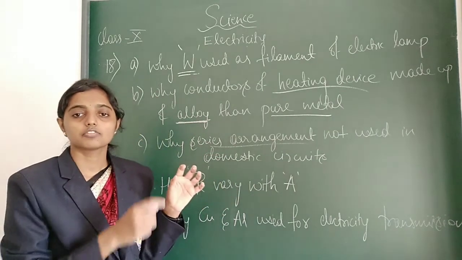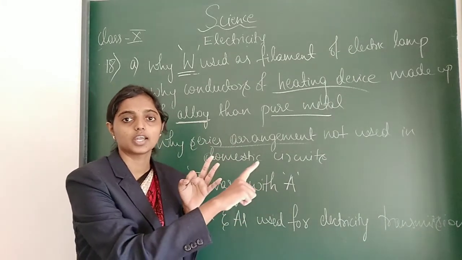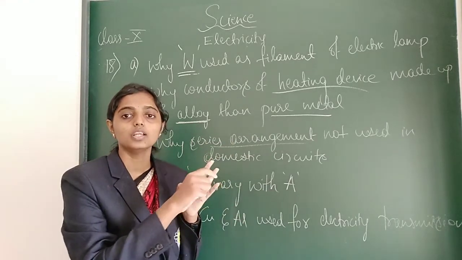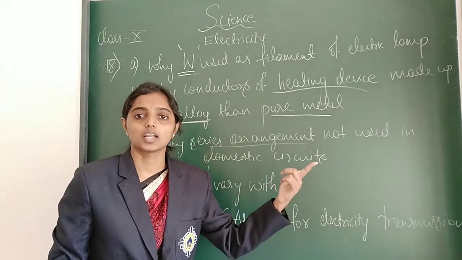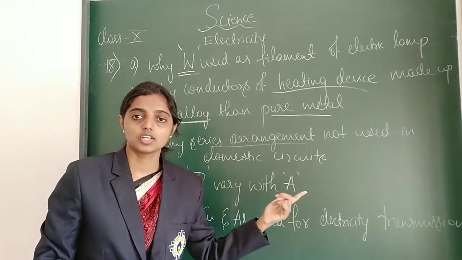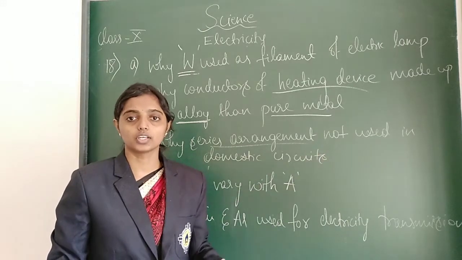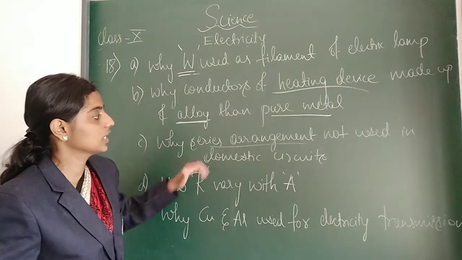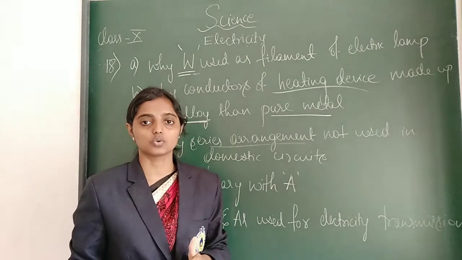So what happens if the first one fails? Then current stops flowing further and the entire circuit will break. But it does not happen in parallel. Even though the first one breaks, the next one will keep flowing, right? So that's why series arrangement is not used in domestic circuits.